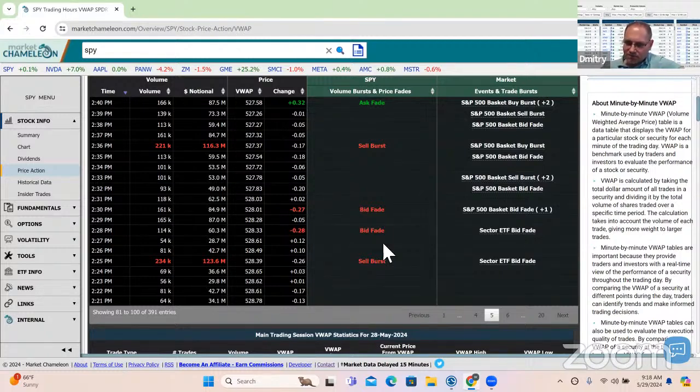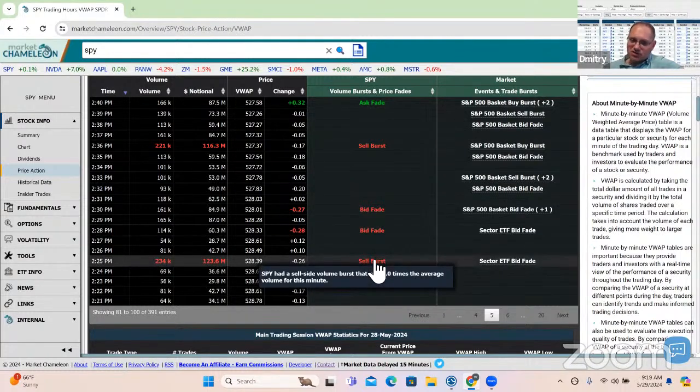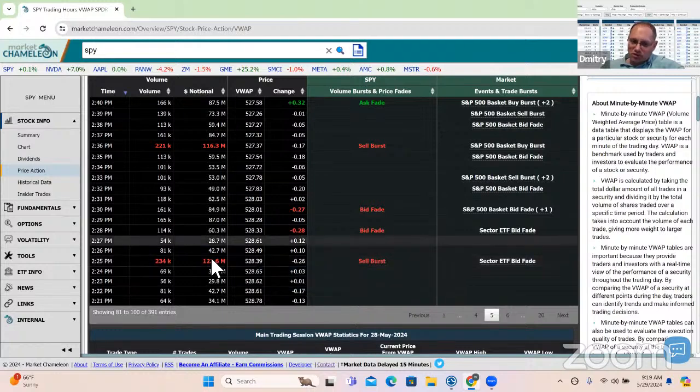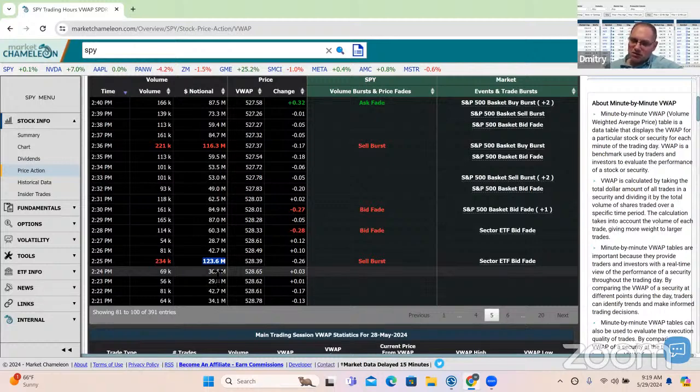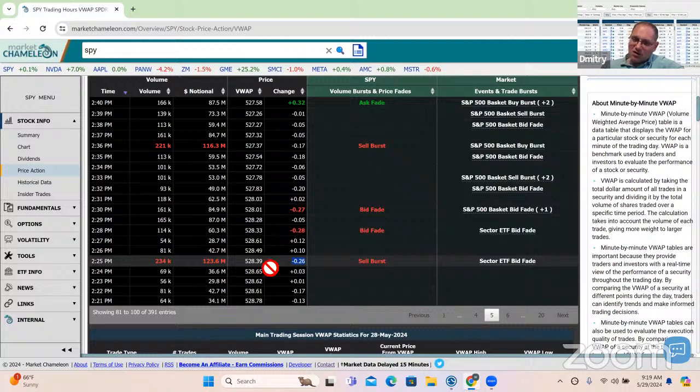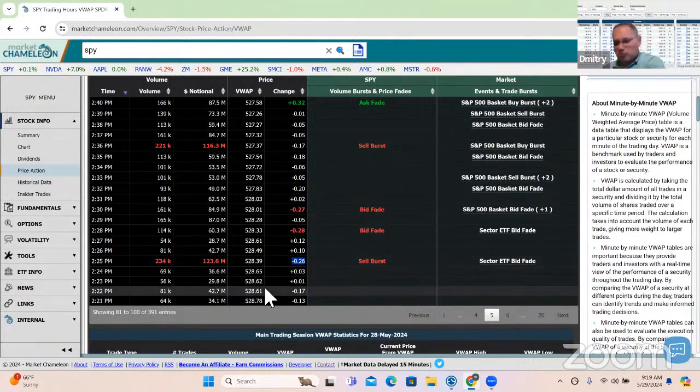So here we see there's a sell burst at 225. So this sell burst, where there's an unusual amount of trading volume in that minute, resulted in the VWAP price of the stock to downtick by 26 cents.